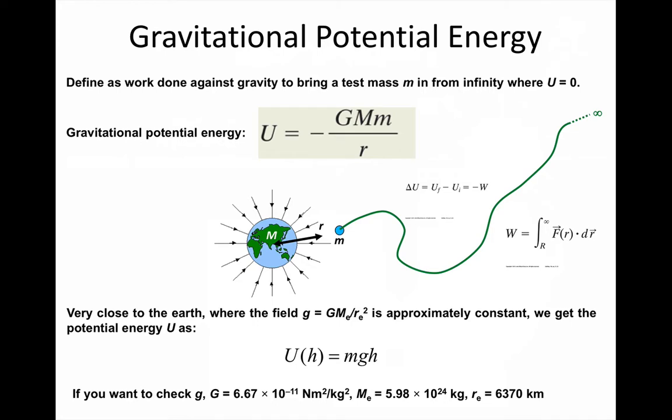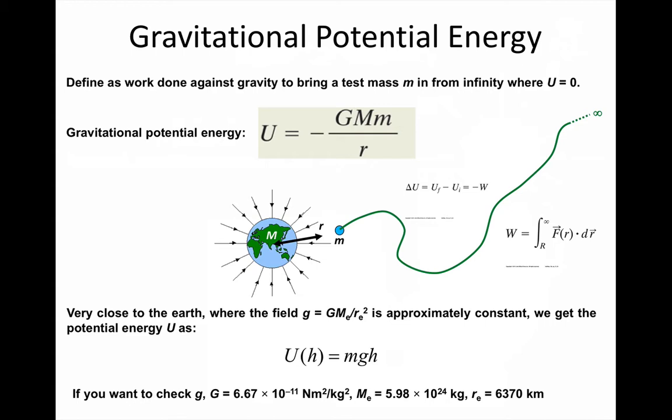Now let's look at gravitational potential energy. You might remember that it's defined as the work done bringing an object from infinity to a position a distance r away from a planet. Remember that potential energy always rises as you move away from a planet, and since infinity is the farthest you can get from anything, infinity has the highest potential energy possible.